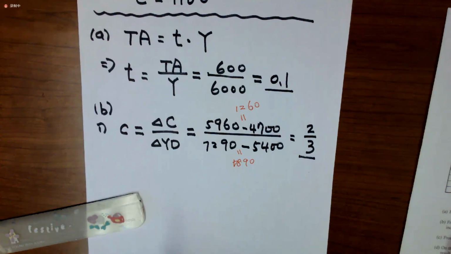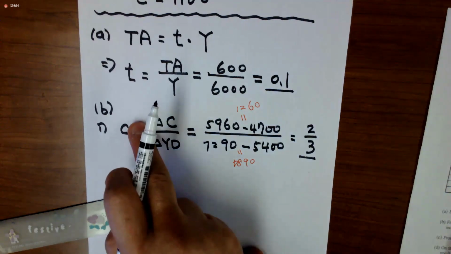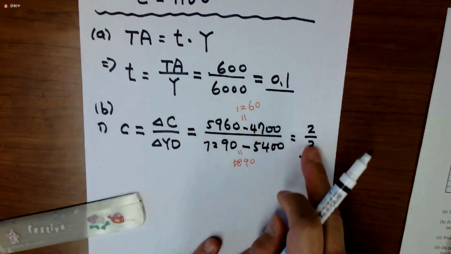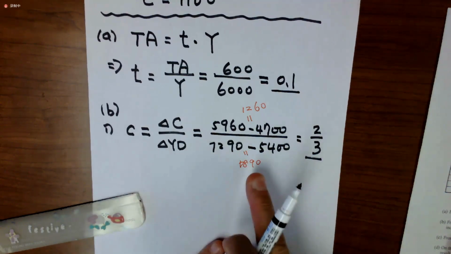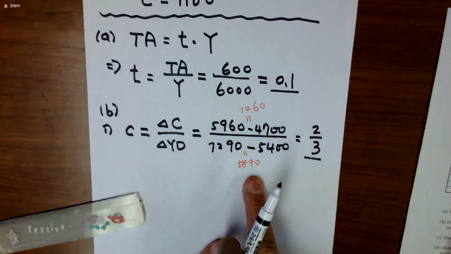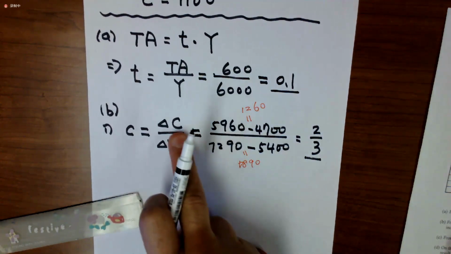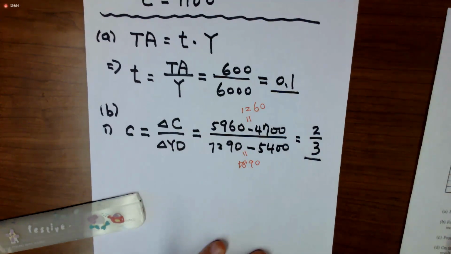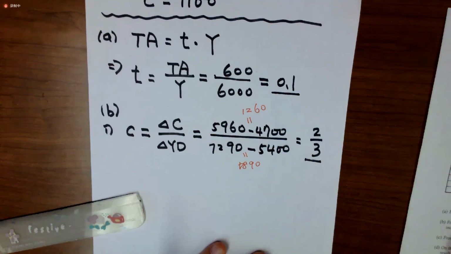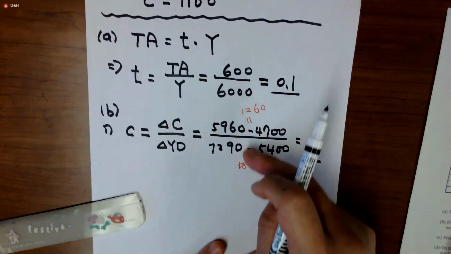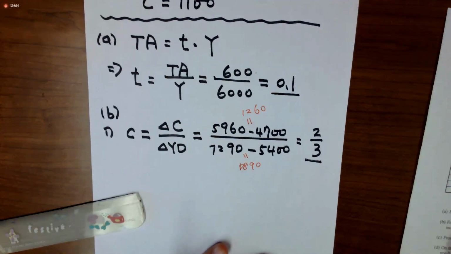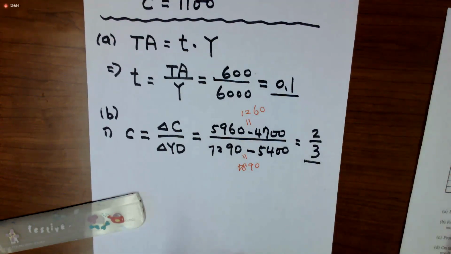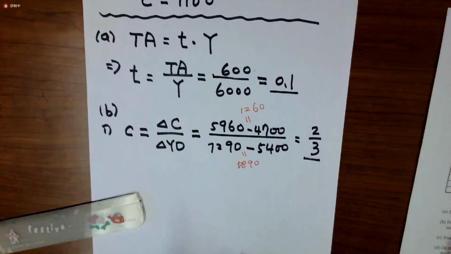So this is the marginal propensity to consume out of disposable income. When your disposable income goes up by 1890, your consumption will go up by 1260 as a result. Their ratio gives us the MPC out of disposable income, in this case, equal to 2/3.